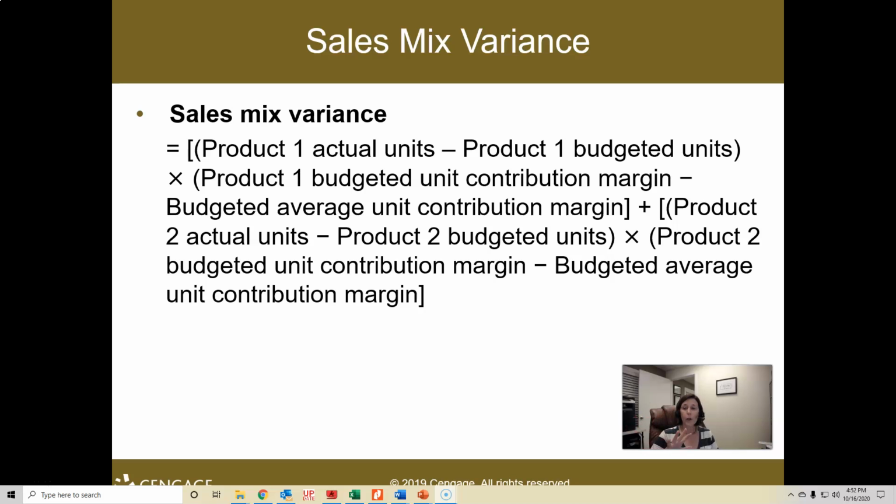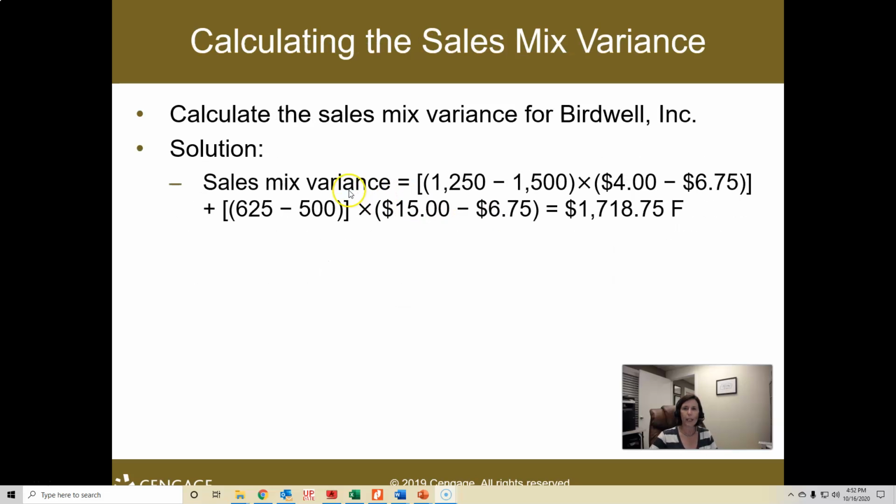This is a very wordy calculation. You may want to just pause and take a note on it, because we're going to then jump to the next slide and see how our Birdwell company did. So in terms of their regular model, they actually sold 1,250. They had projected selling 1,500.